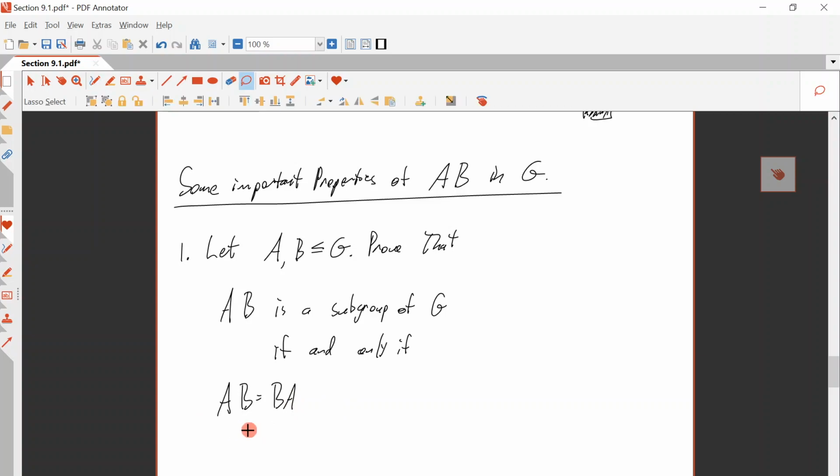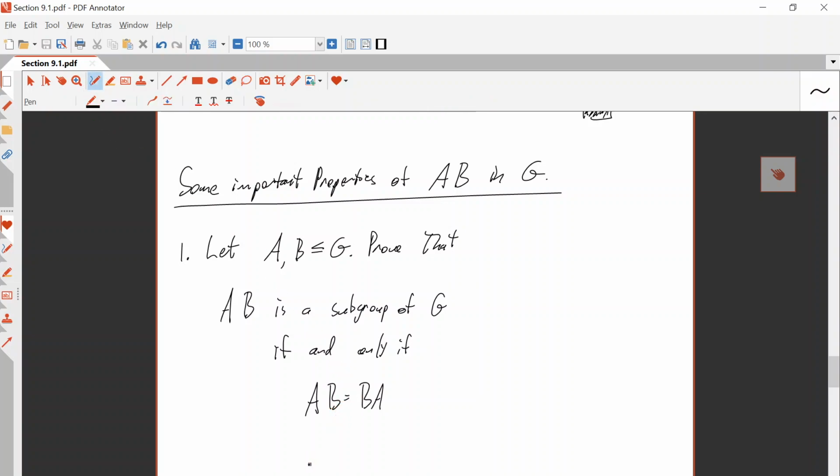So not that A is a normal subgroup of G or B is a normal subgroup of G, or that the group is abelian. It's just that the product, right, A times B, where A times B is the set of all products little a, little b, where a is in A and b is in B. All right, that's AB.